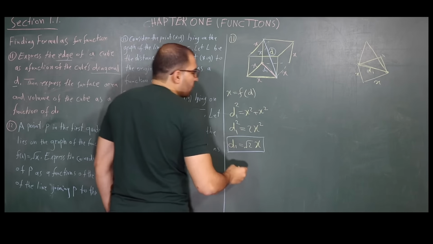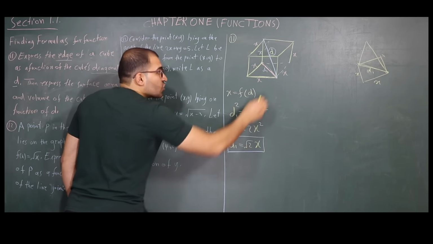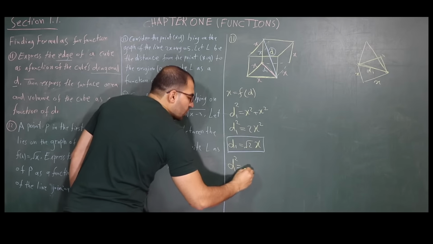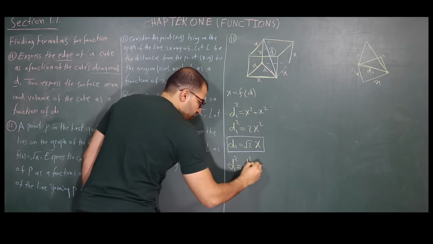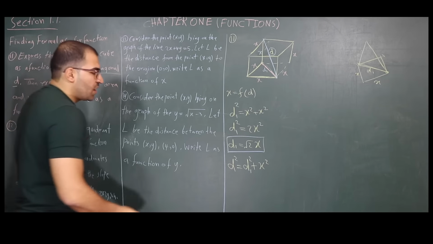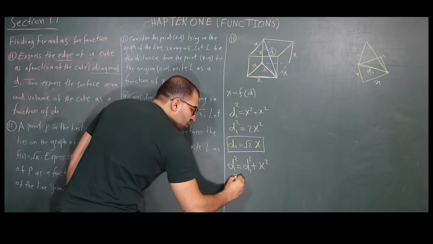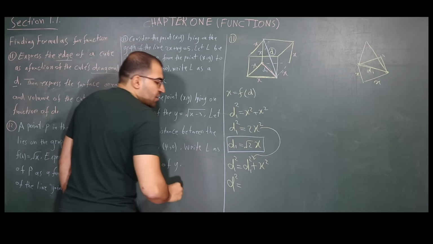According to Pythagoras also, d squared equals d1 squared plus x squared, and we know that d1 squared is 2x squared, so we substitute it instead of d1.